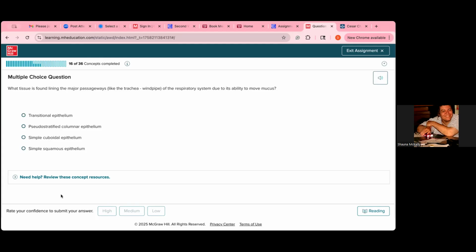Okay, so it has to have cilia. So the respiratory pathways, right?